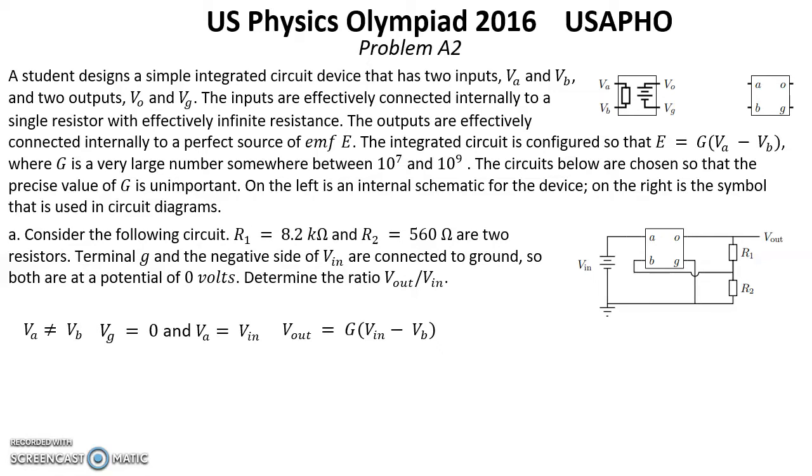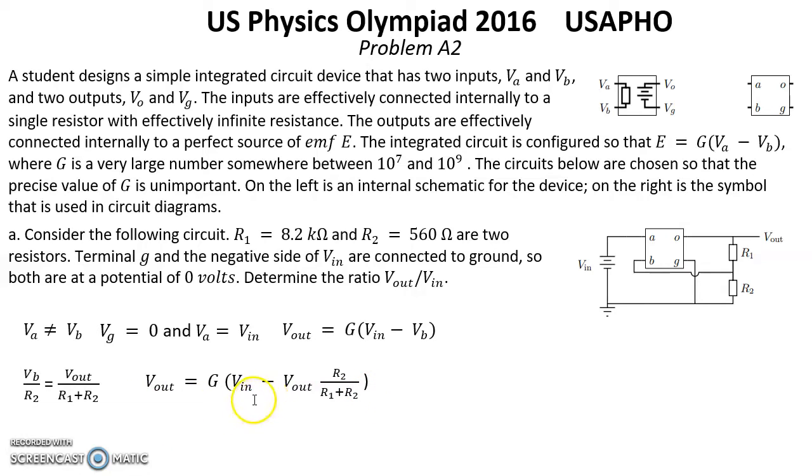No current runs between A and B, so any current through R1 also flows through R2. Then Ohm's law gives us the equation VB over R2 equals Vout over (R1 plus R2), which will give us this relation between Vout and Vin.